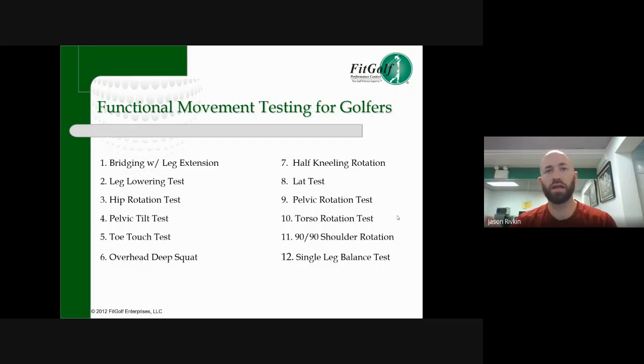Maybe if you failed certain elements of the test, you'd be scored a 2 or 1.5. If you fail those tests, you would be scored a 0. And with that, we calculate a golf fitness handicap. And we use that golf fitness handicap to somewhat objectively determine the outcomes we could expect with a golfer.